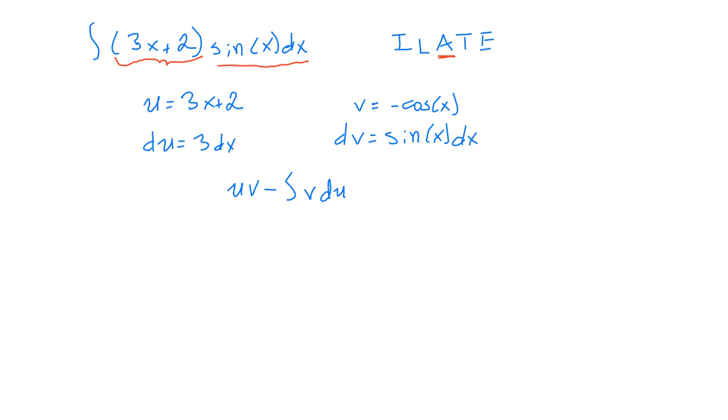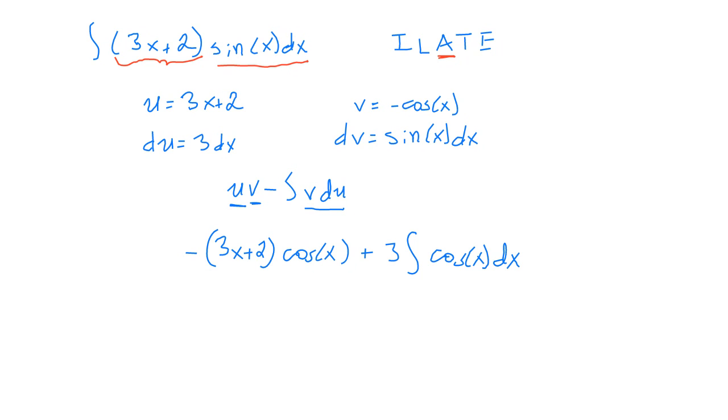And a little mnemonic to help you remember it: ultraviolet voodoo. So if you're on an exam and you can't remember what the formula is, it's ultraviolet voodoo. So we're going to do uv minus the integral of v du. So we have minus a negative cosine times 3 dx, which turns into a positive 3 times the integral of cosine x dx.